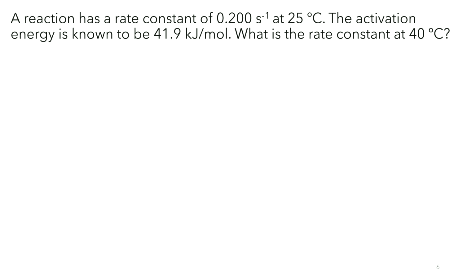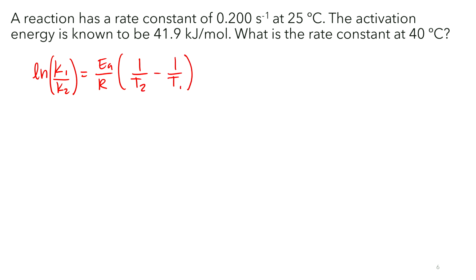So we must be doing a math problem with that third equation in the row, the 2-point Arrhenius. That was ln of K1 over K2 equals EA over R times 1 over T2 minus 1 over T1. And in this case, you'll be solving for K2.